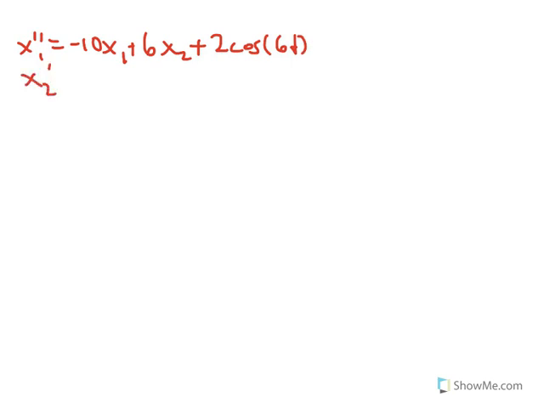And then x2 double prime equals 6x1 minus 10x2 with no forcing function. Now the first step that we'll take is to find the free or natural oscillation solution, which means no forcing. I will erase this for now. No forcing.